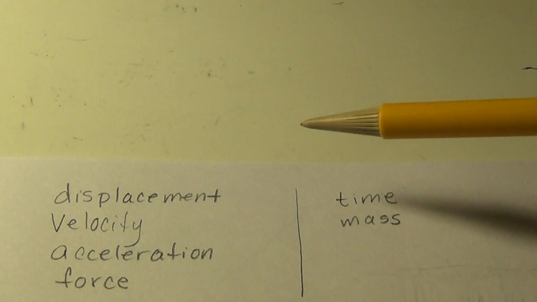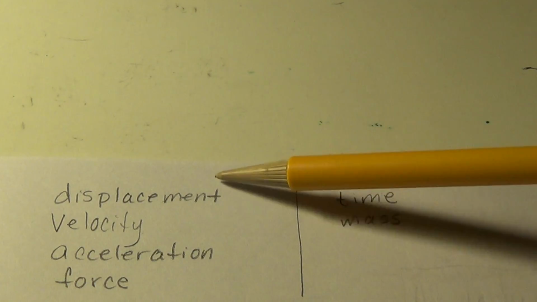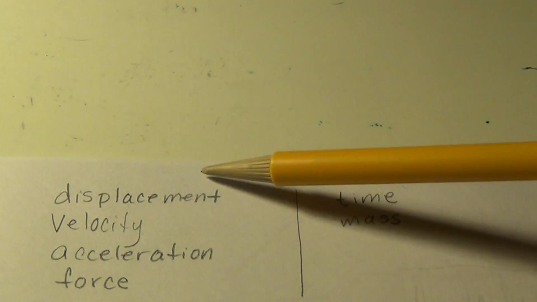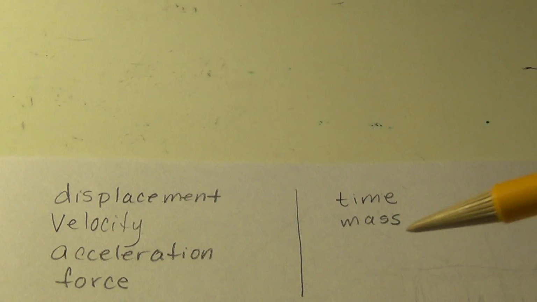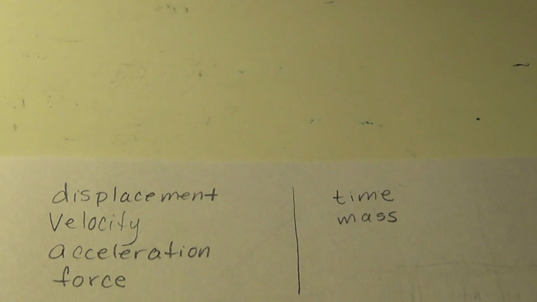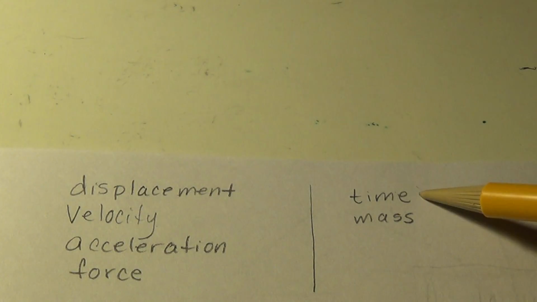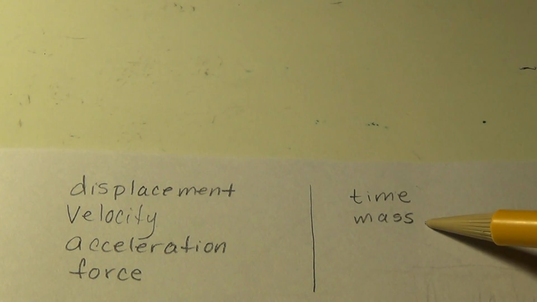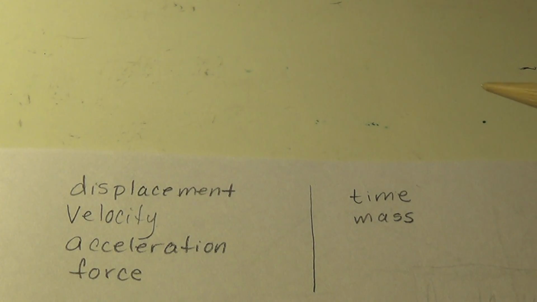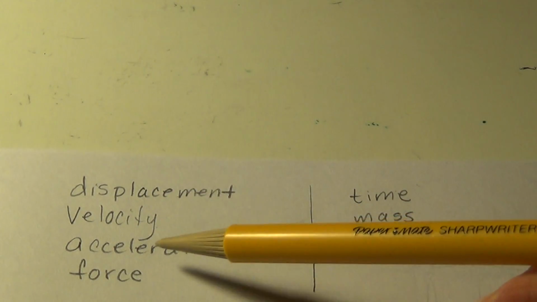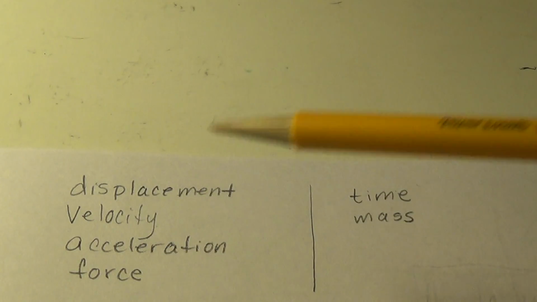Well, these have two aspects attached to each one. These have only one single number. So time is one single number, like 3 hours. Mass is one single number, like 3 kilograms, whereas displacement, velocity, acceleration, and force have more than just a number.